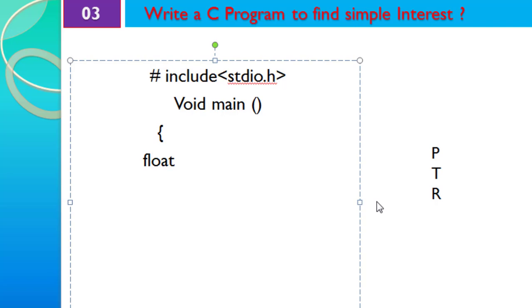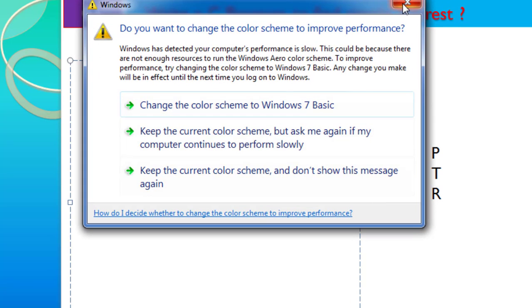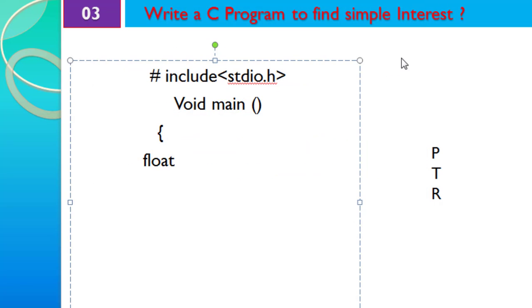So let's begin. First, float P, T, R, and then SI for simple interest, semicolon.